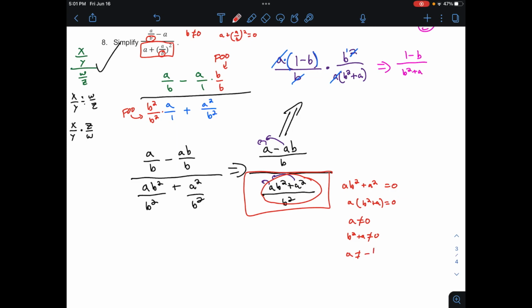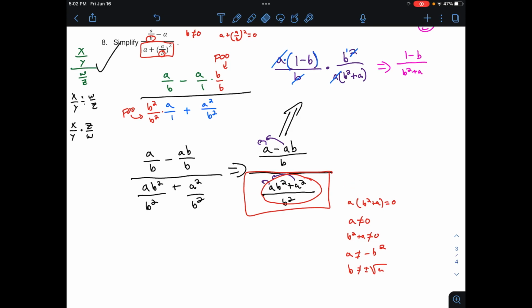Solving for a or b squared, a does not equal negative b squared. And we'd also get b does not equal plus or minus square root of a. I don't know if that one totally checks out, and I don't care to find out, because we still have b squared plus a in our denominator. So that one's not lost, and I don't need to put that in.